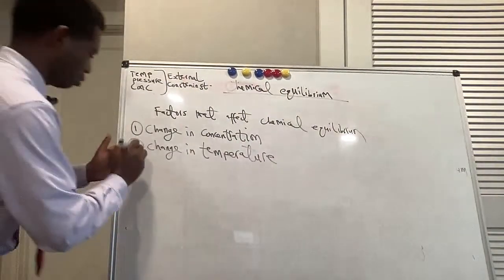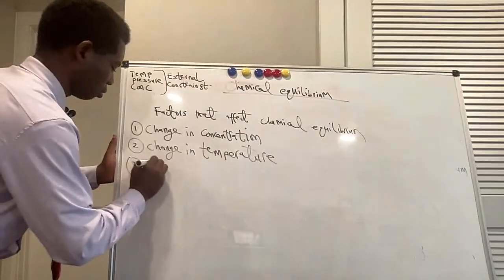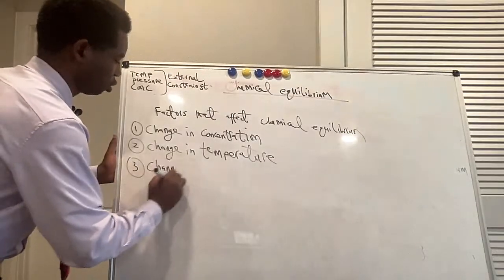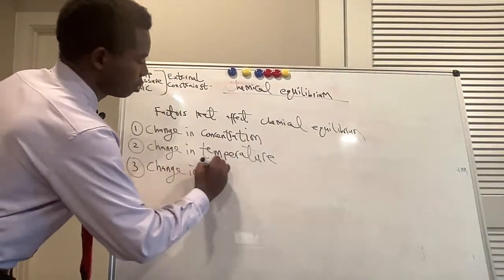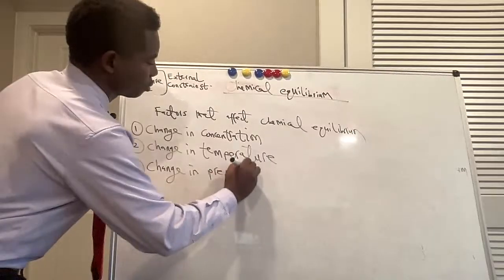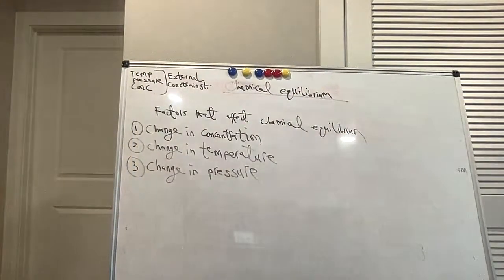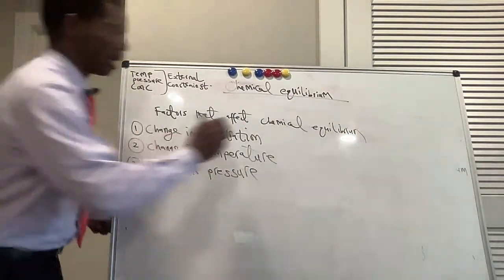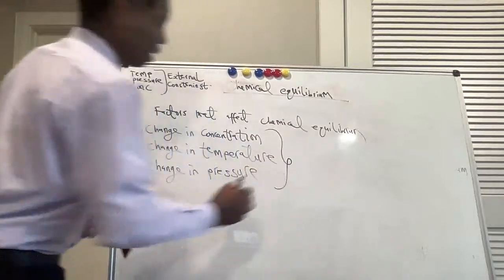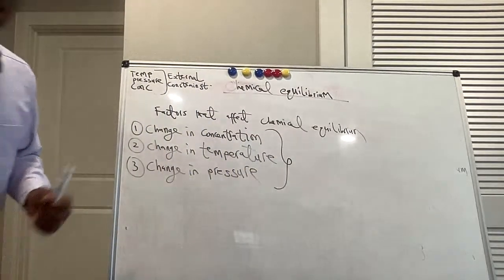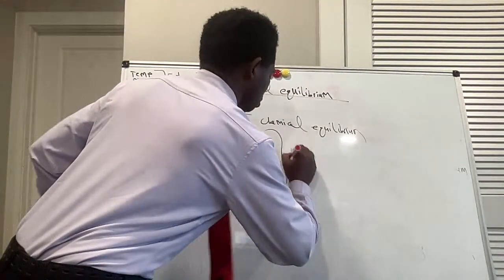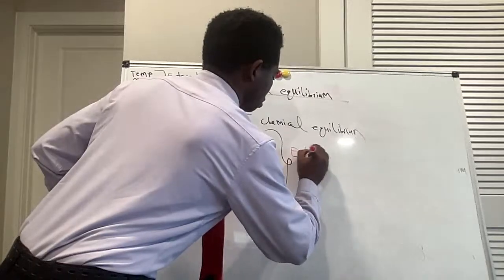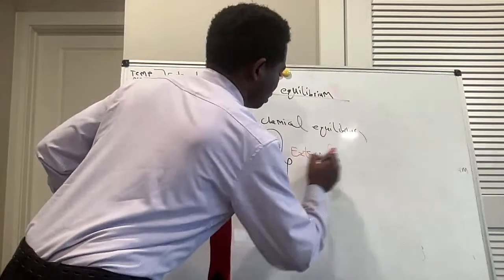Number three, change in pressure. So these are what we call external constraints.